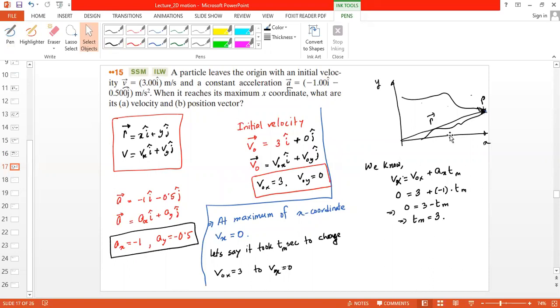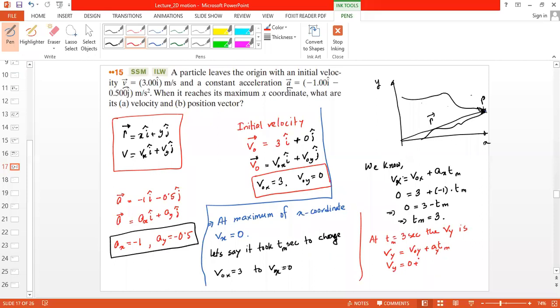তাহলে এই tm টাইমে maximum of x coordinate তে তার x component of velocity is 0, y component of velocity কি হয়? তাহলে দেখি, at t equal to 3 second, the y component of velocity, that's vy is again given by vy equal to v naught y plus ay t. vy equal to v naught y, which is 0, plus ay, sorry, by the way, this ay and tm.